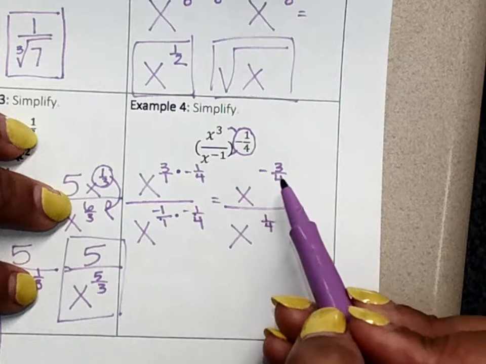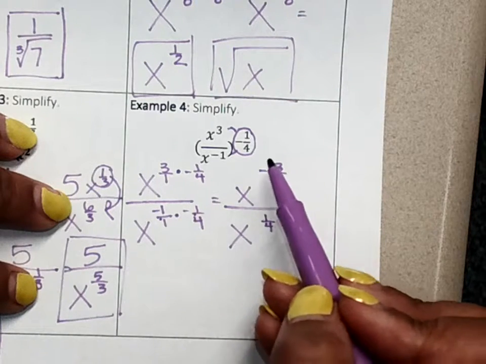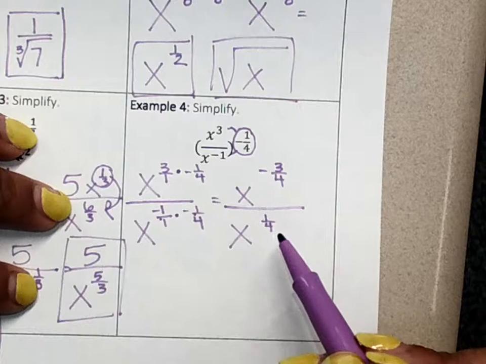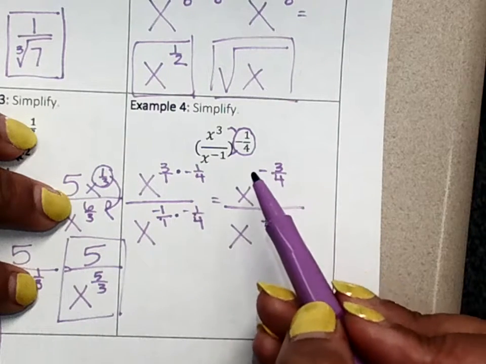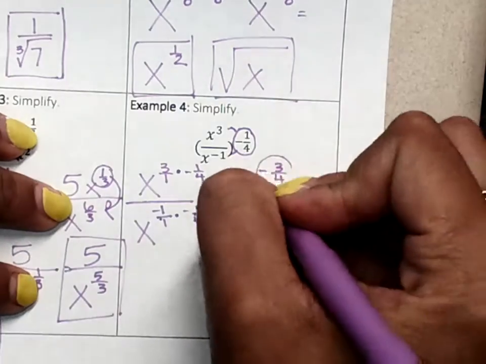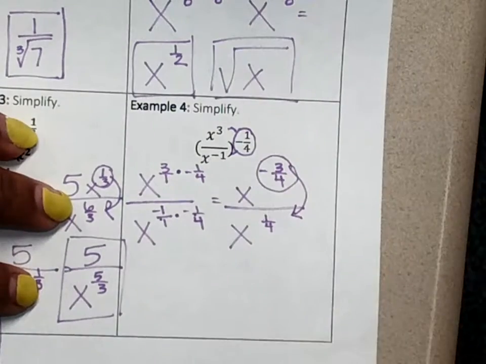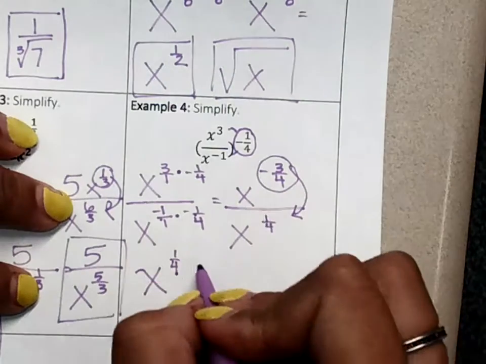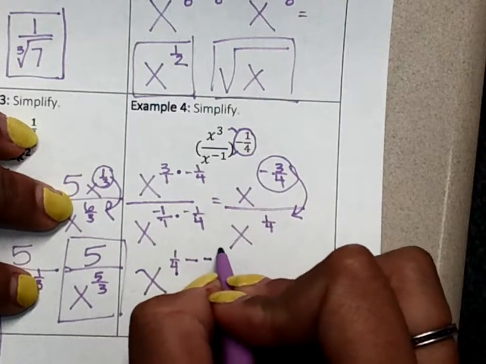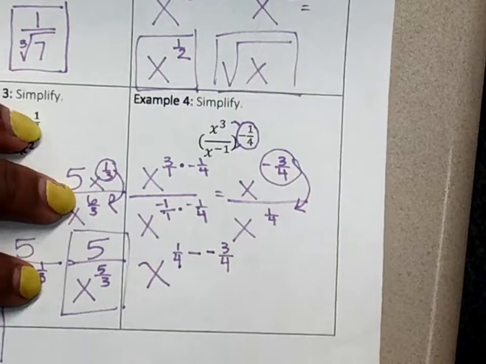So we know that negative 3/4 is smaller than 1/4. But because it's negative, we're going to do something that's a little tricky. So again, we'll bring this down, leaving us with x to the 1/4 minus negative 3/4.